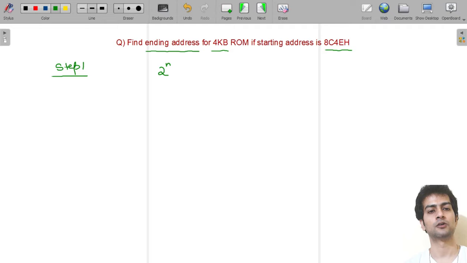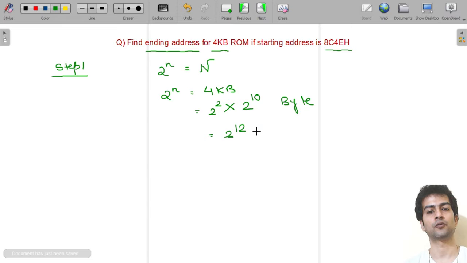We know the formula: 2 to the power n is equal to N, where big N signifies the capacity and small n indicates the number of address lines. So 2 to the power n is equal to 4 kilobytes, which is 2 to the power 2 into 2 to the power 10 bytes. It comes out to be 2 to the power 12 bytes.